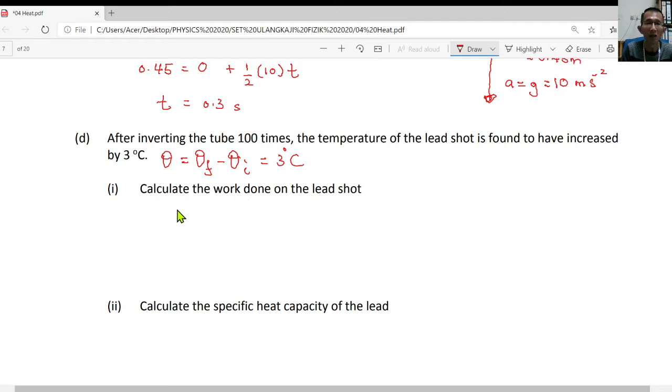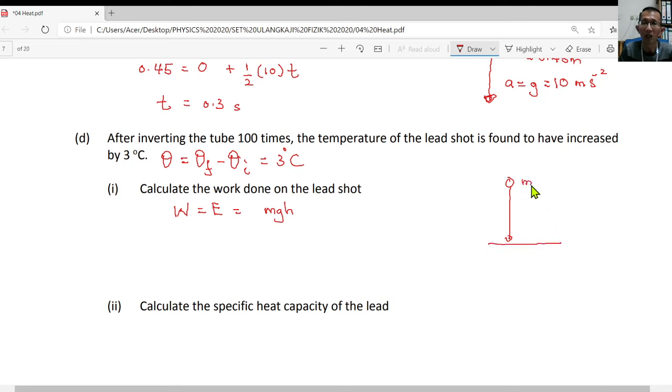Alright, this is simple. Remember that work and energy are interrelated. So what work do I have? I have mgh, right? I have gravitational potential energy. I'm not going to use my kinetic energy, because in using that I need to find my velocity, right? If you recall, from a height it falls down to the ground.